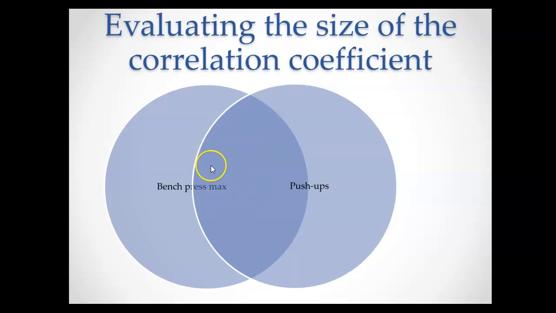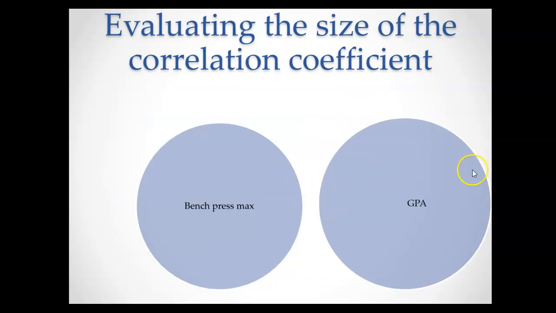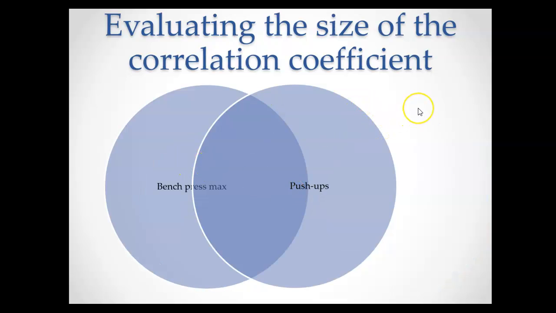So for example, you would expect overlap between bench press max and push-ups. You would expect those two things to be related. They're training the same muscle group. But if we took something like bench press max and GPA, it wouldn't make sense for those two things to be related. In this case, there would be zero correlation. And then in this case, there would be a pretty strong correlation.